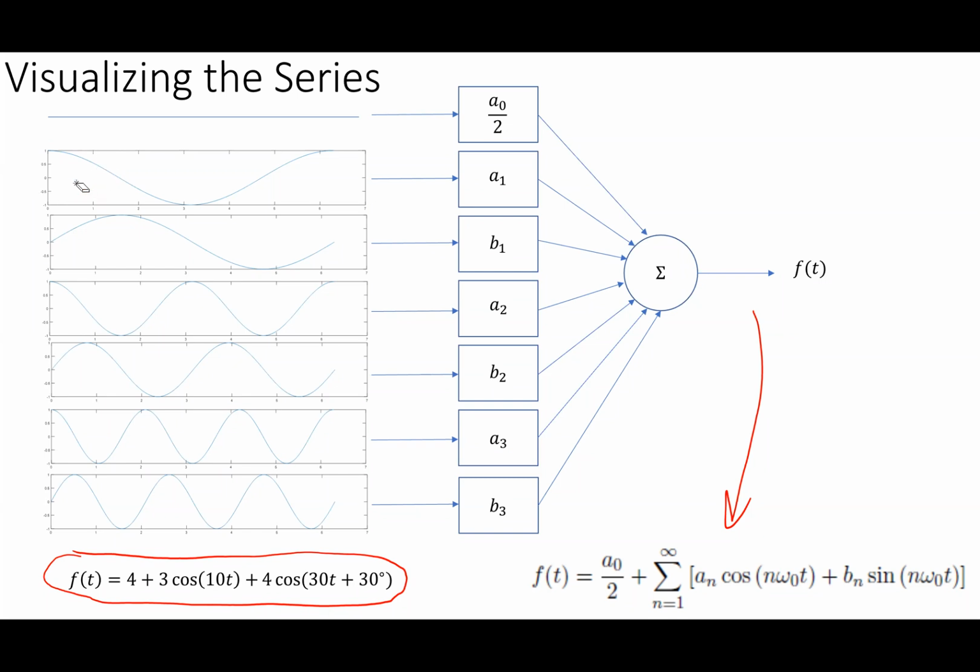So we did this all the way back at the beginning, right? What this says is, looking at this waveform, the fundamental frequency is 10 radians per second, so I need this A1 value to be 10, and I need this B1 value to be 0. And then how much A2 and B2 do I need for this waveform?